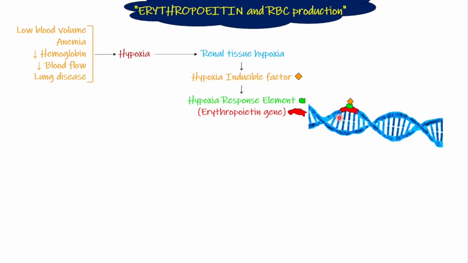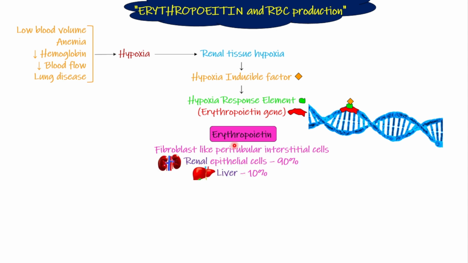So this is how it looks. This is the DNA. For instance, this red colored part is the erythropoietin gene, and the erythropoietin gene has this green colored hypoxia response element. So hypoxia-inducible factor is going to get attached to this hypoxia response element on the erythropoietin gene. In response to the attachment of hypoxia-inducible factor on the hypoxia response element, the erythropoietin gene is going to increase the production of erythropoietin.